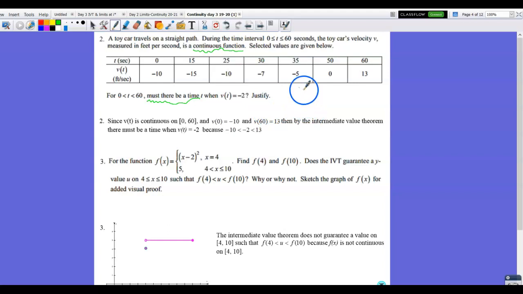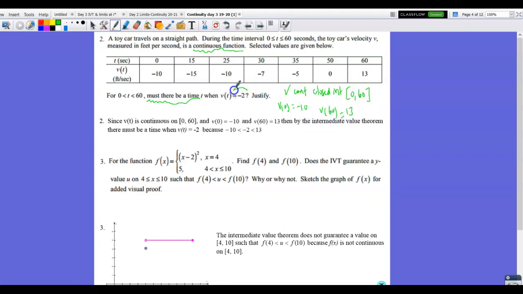We already know that we have met our condition of the function being continuous on the closed interval from 0 to 60. All is good there. Then we need to find our y values, so we know that v of 0 is equal to -10, and we know v of 60 is equal to 13.